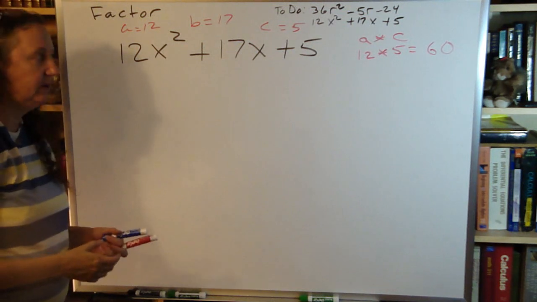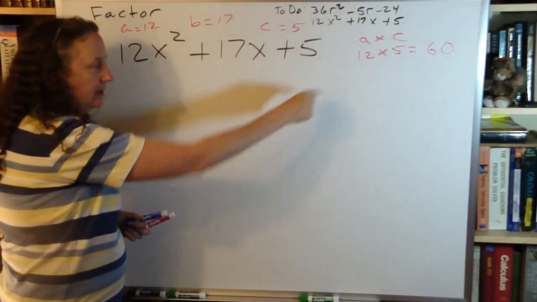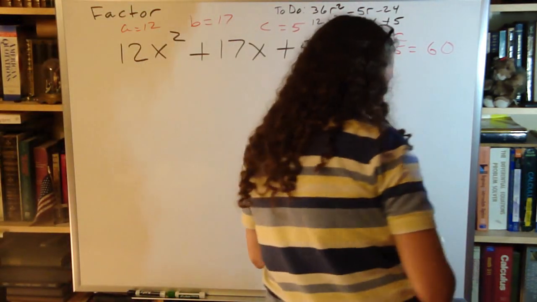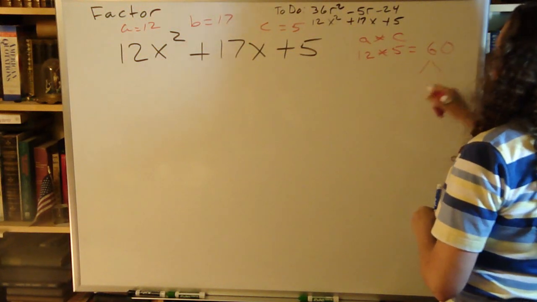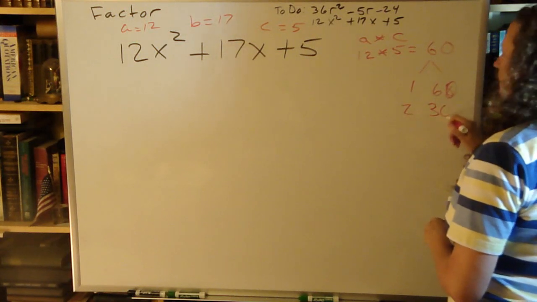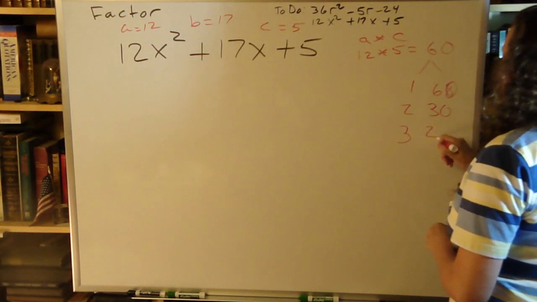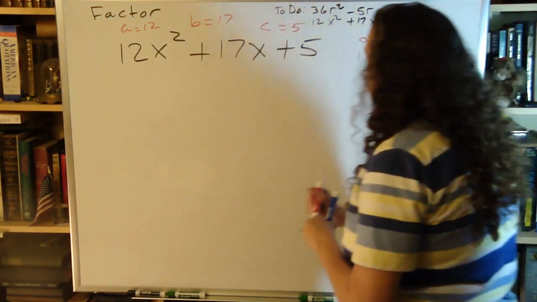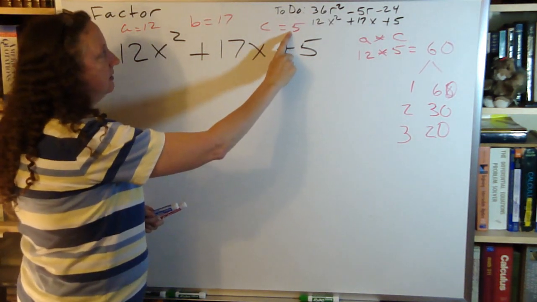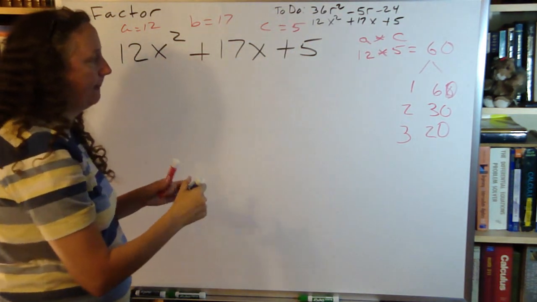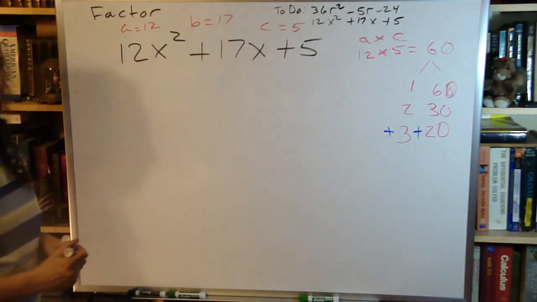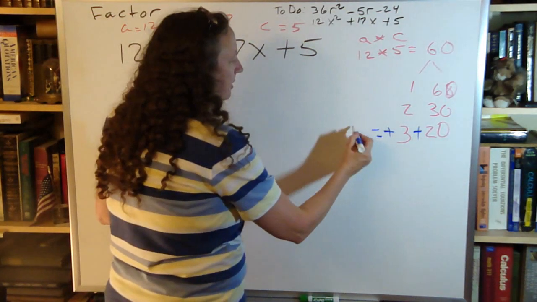I want to factor the 60 to find out what two numbers multiply to 60 and add to 17. So this could be 1 and 60, 2 and 30, nope, 3 and 20, that might work. Same sign, sign is positive, add these two numbers together, that gives me 23.